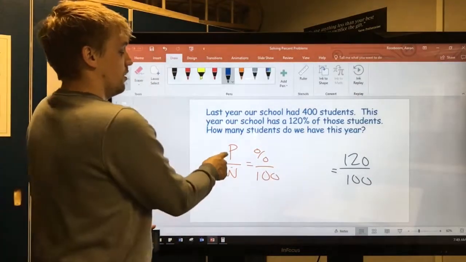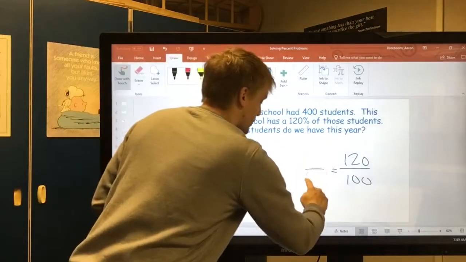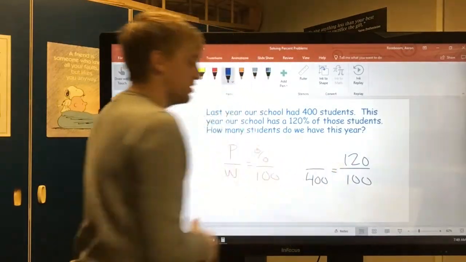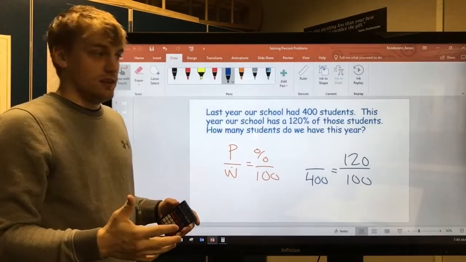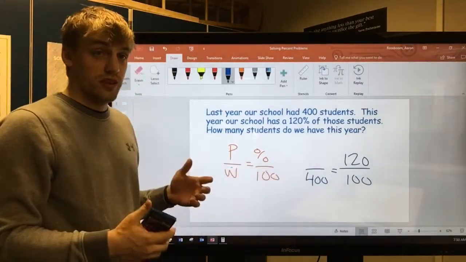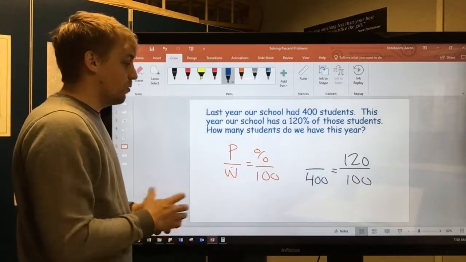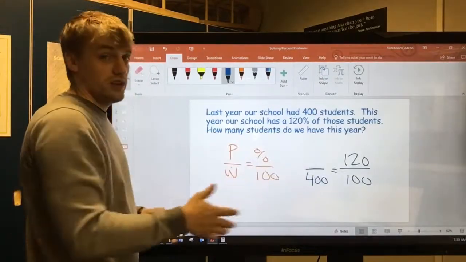Okay? The part and the whole, the 400 students like we talked about, is going to be the whole because the percentage is greater than 100, which means the whole is actually going to be smaller than the part. Okay, that's kind of interesting, but that's why, because the percentage is bigger than the 100.